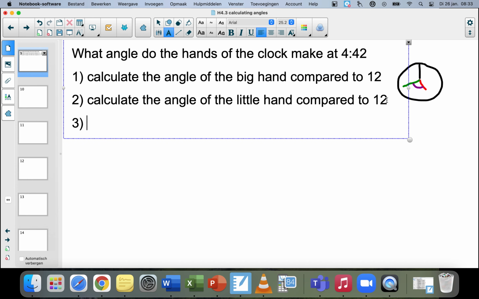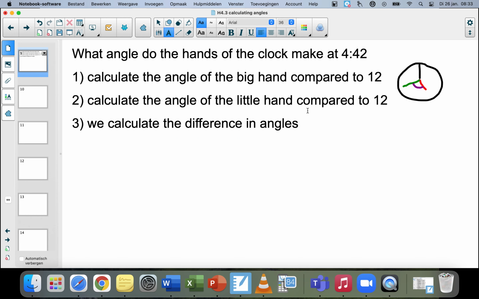So that in step 3, which is always the last one, we calculate the difference in angles. But we do have to look, sometimes we have to subtract them, sometimes we have to do something with using a full circle. It depends on where they are. So that's when our little sketch, however ugly it is, will still help in step 3.